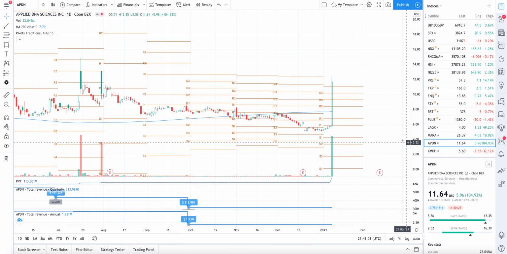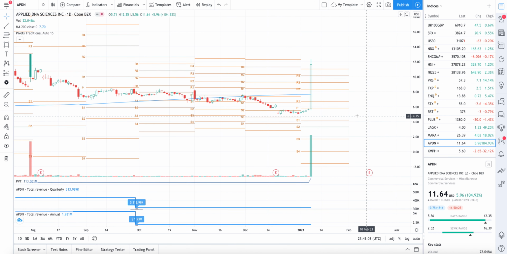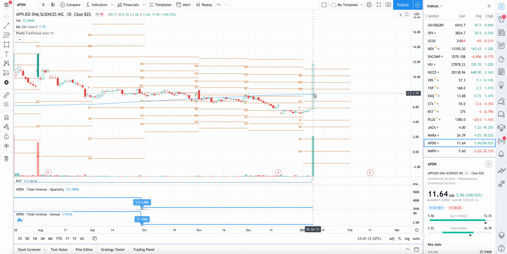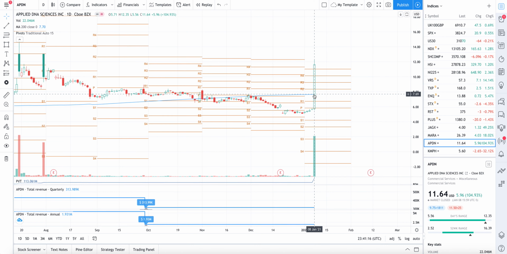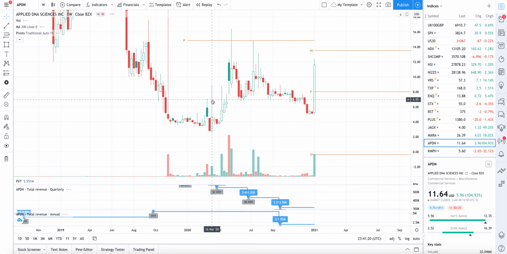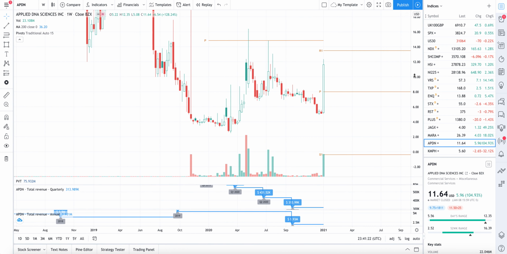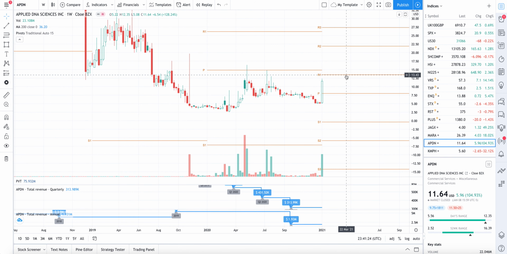And APDN, or Applied DNA Sciences, had a huge one-day move there on Friday, with huge volume flowing through. It's taken out the 200 day moving average and closed way above it. Let's flick over to the weekly chart, get some perspective on this. Our immediate target is 13.5.